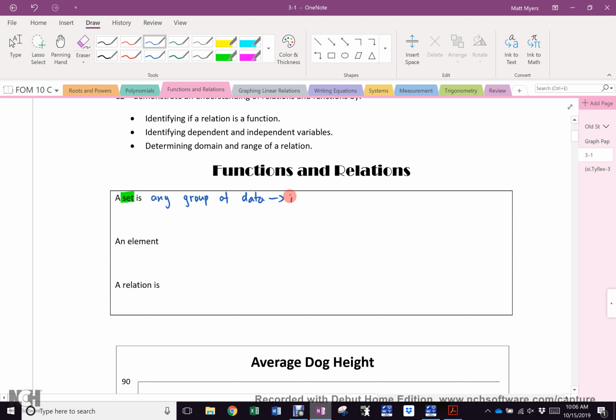Data is simply information. In math class, it's information we can count. So a set is any, or I should have said any single group, but I didn't put an S on group. Any group of data.